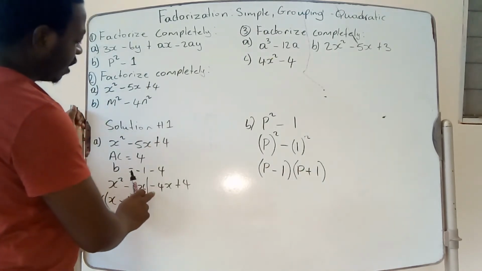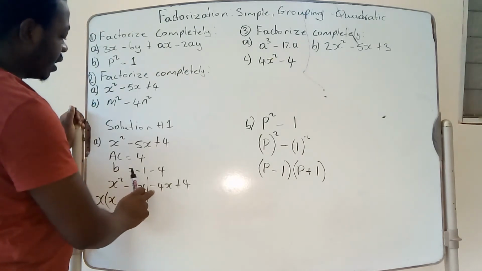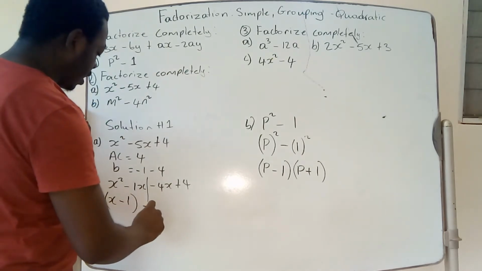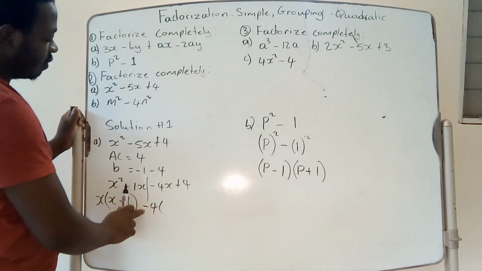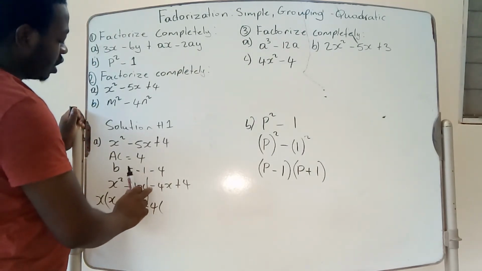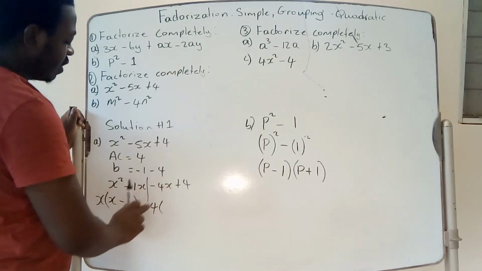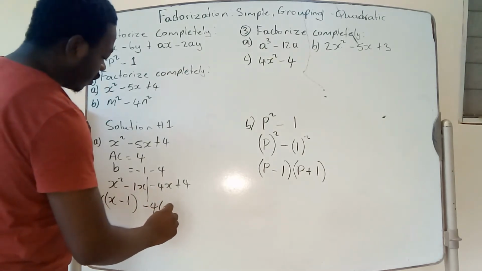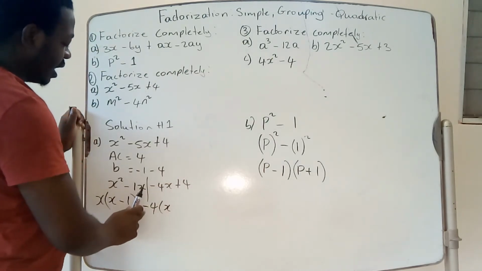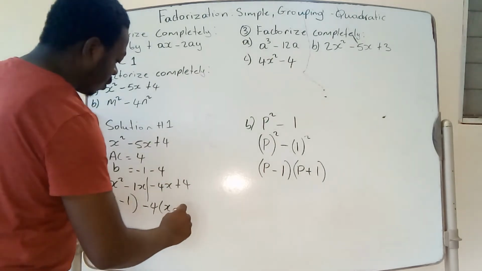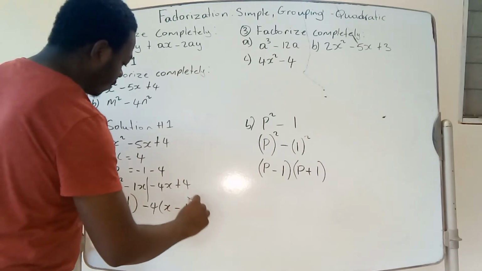Here, we can factor out a negative 4. So if we factor out a negative 4, open a bracket. We take this negative 4 to divide each term. So negative 4x divided by negative 4 leaves us with a positive x. Positive 4 divided by a negative 4 leaves us with a negative 1.